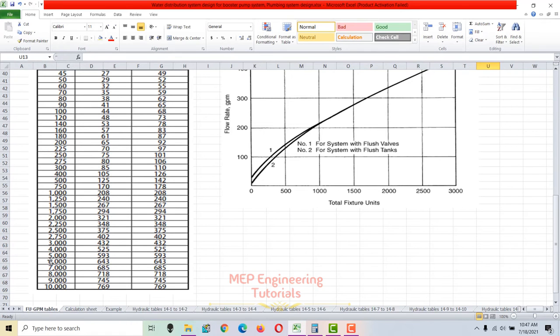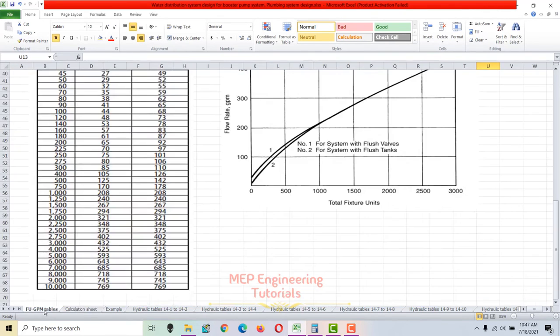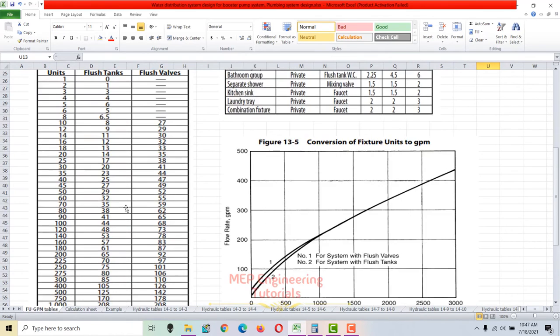So for 525 and 593, it calculates at 4840 to be 582 GPM. That's how I write 582 GPM, and the reference table is 13-4, which I use here.